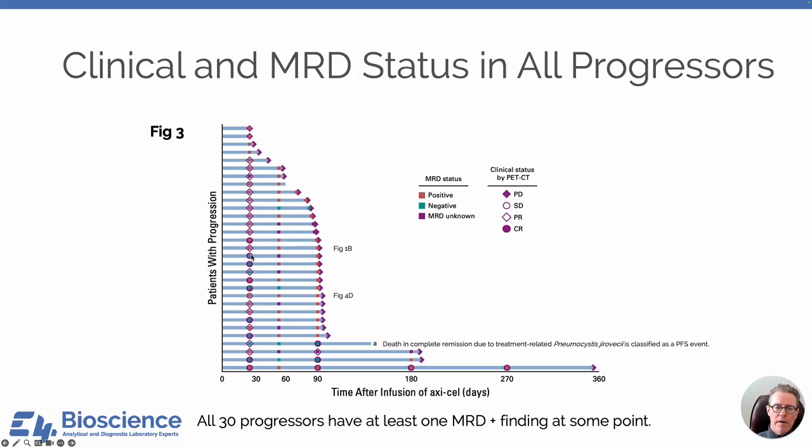So again, just another way of showing similar data, but we get to see it for all of the patients. I think the key takeaway with this slide is that all 30 progressors have at least one MRD positive finding at some point during their treatment. So really, the goal is to get to MRD negativity and stay there.